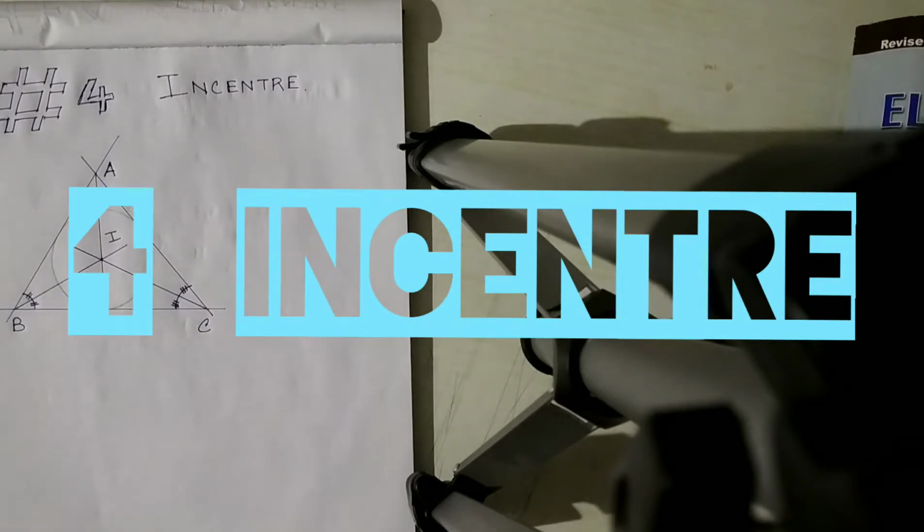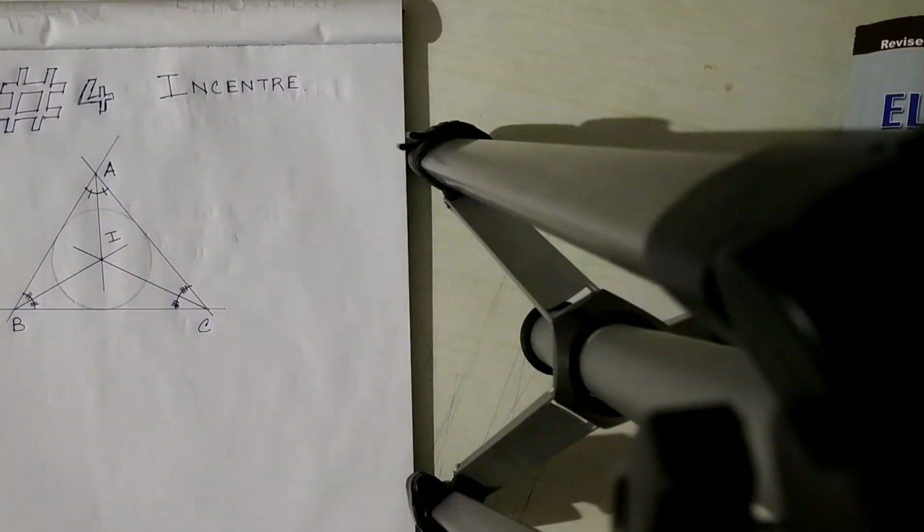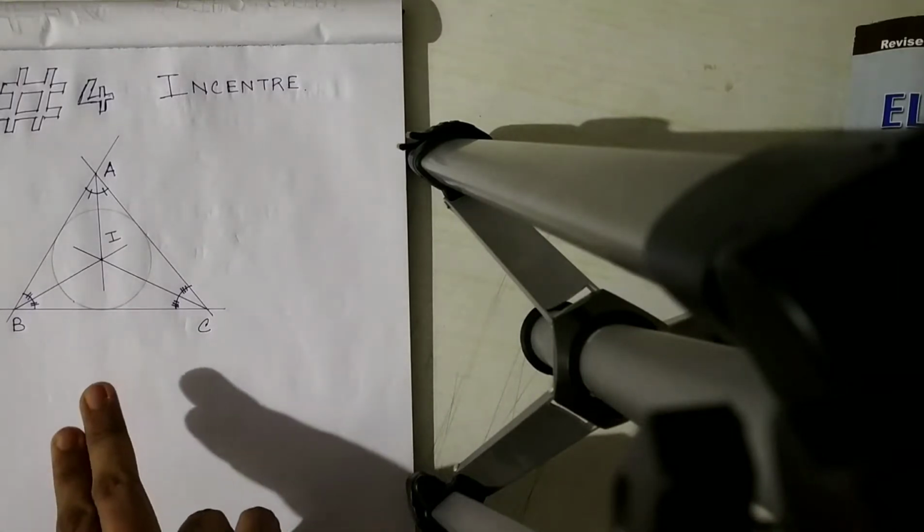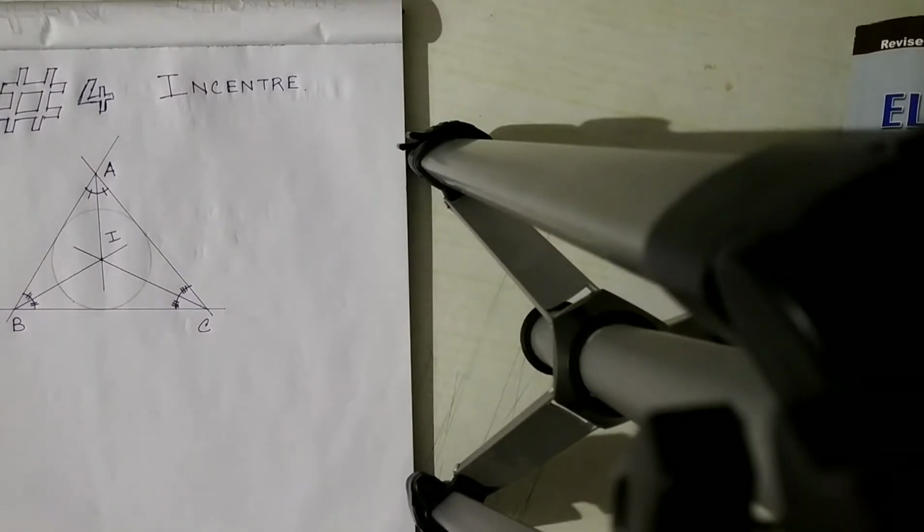Now incenter, again, is a very self-explanatory term. It is the center of the incircle. What is the incircle? Incircle is a circle which is inscribed in a triangle, which is the circle here, the lighter circle. I drew it with pencil, so it is lighter.